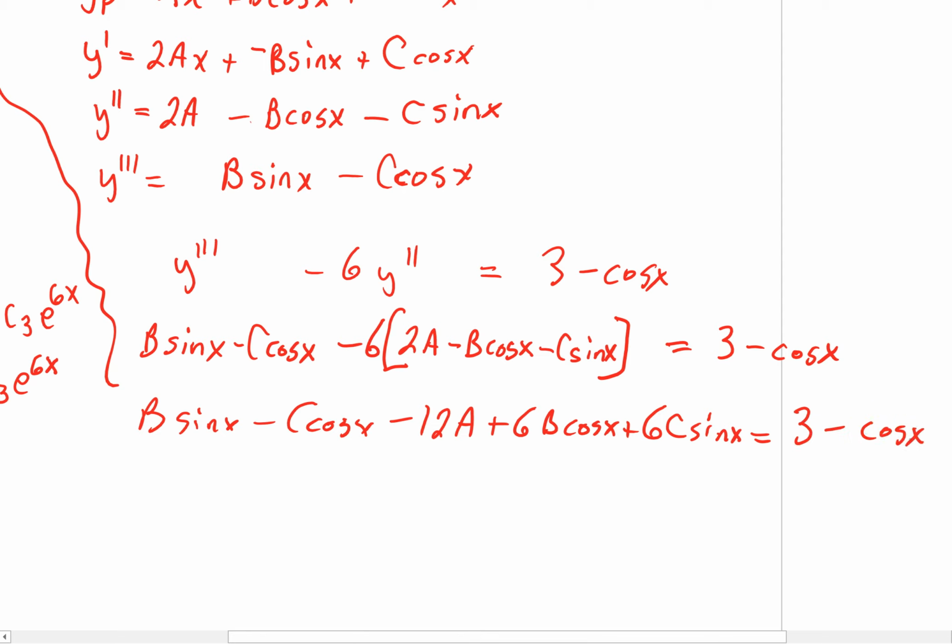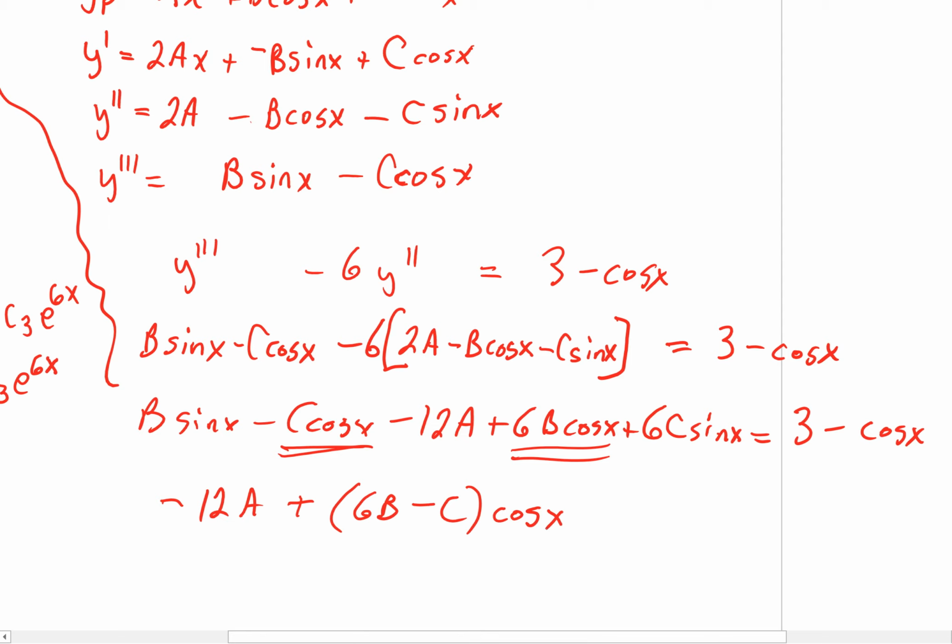So hopefully you can see that we have, on the left-hand side, 3 different types of terms. We've got a term that does not have trig associated with it at all. That's minus 12a. We've got terms with cosine. There are 2 of them. And if I were to put a plus here and factor out the cosine from them, I'm going to be left with this.